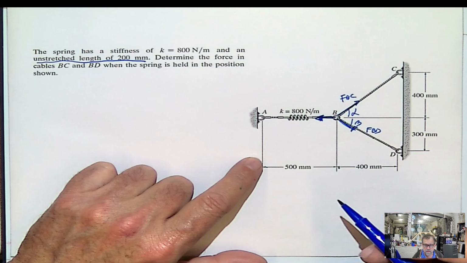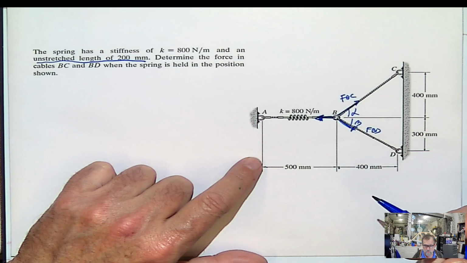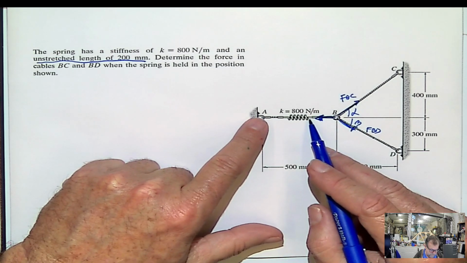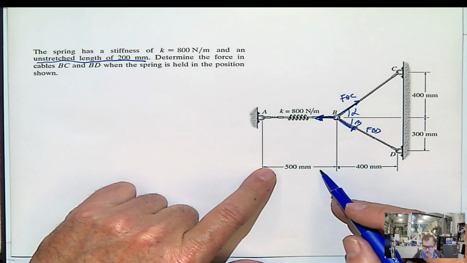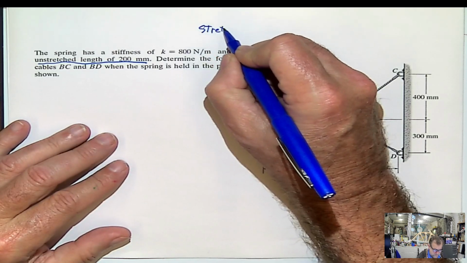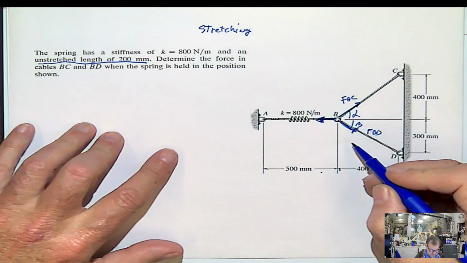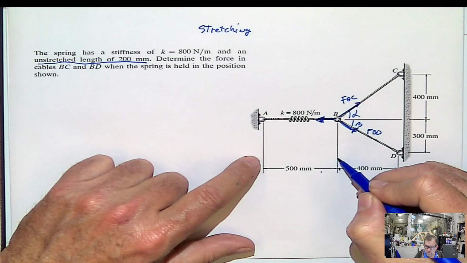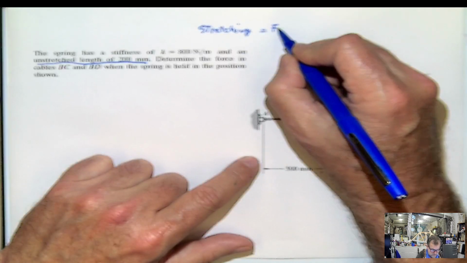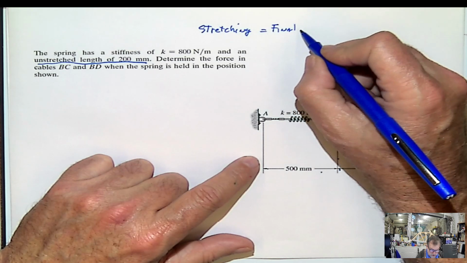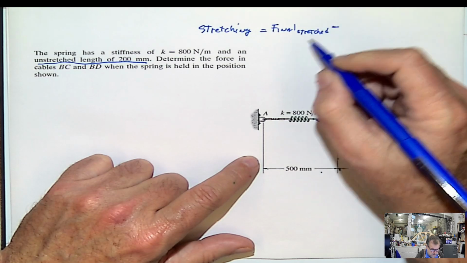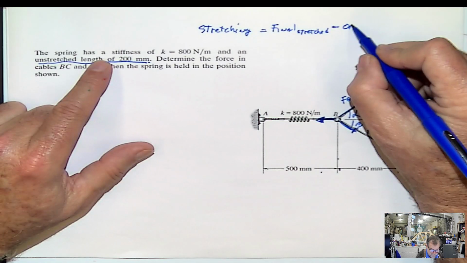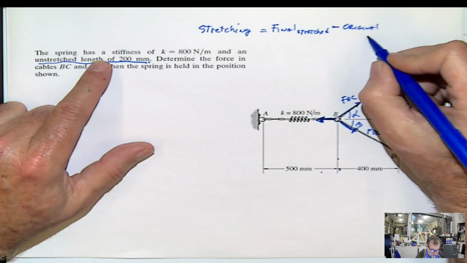So then we can actually calculate how this spring went from 200 to 500 due to what force. For that, we need the stretching of the spring. And the stretching of the spring will be the final position or stretch minus the original or unstretched.